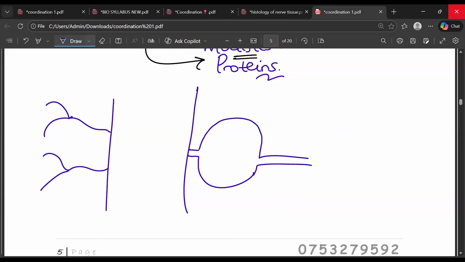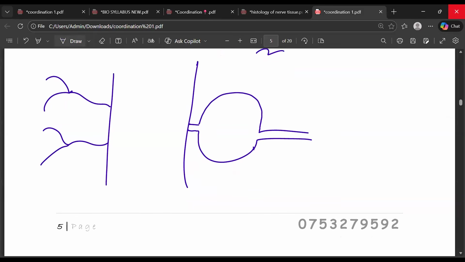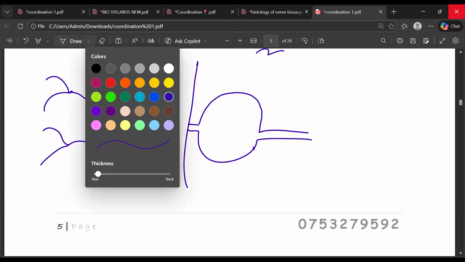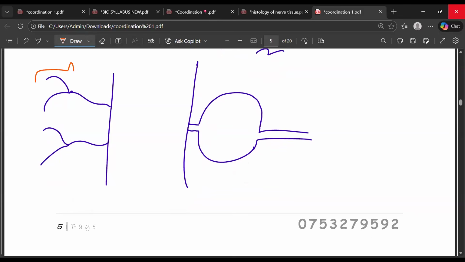I think that will work. It will be okay. So this is what I want you guys to learn: that the whole of these ones are our dendrites.